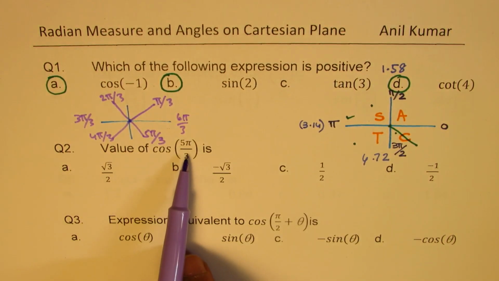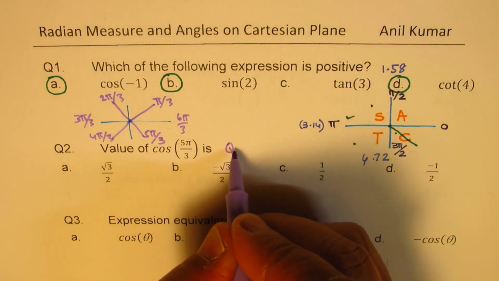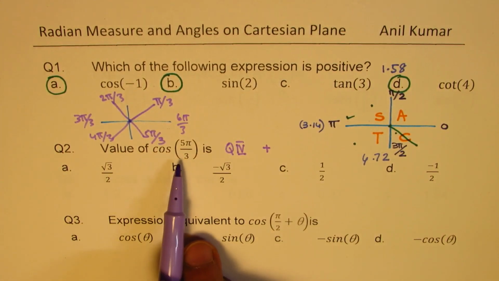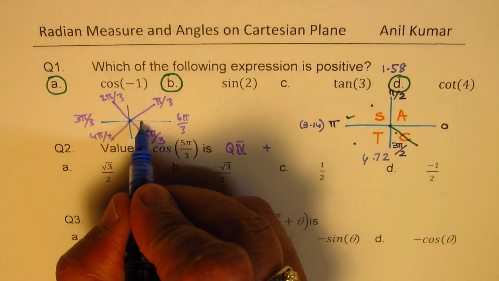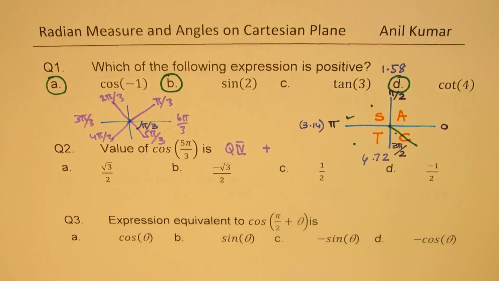So 5 pi by 3 means we are in quadrant 4, and that means we are looking for a positive value, correct? So the acute angle here is pi by 3. And we are in quadrant 4.